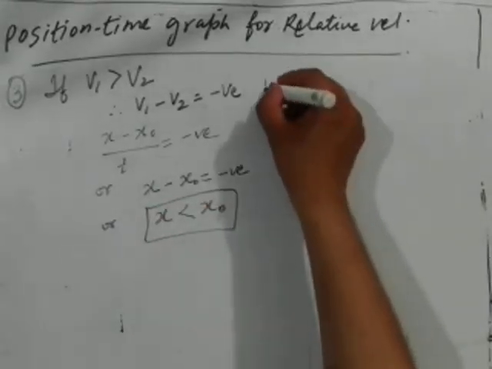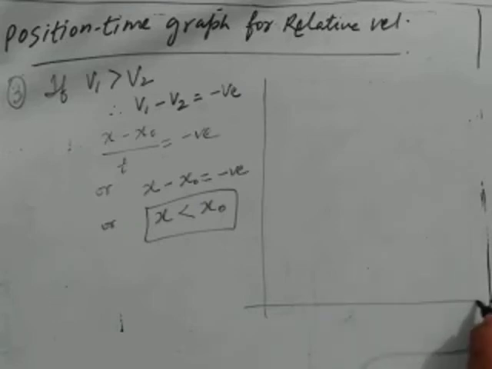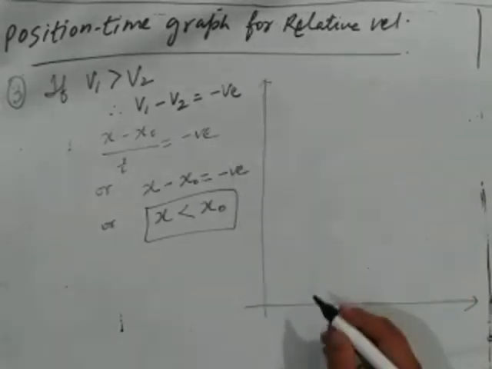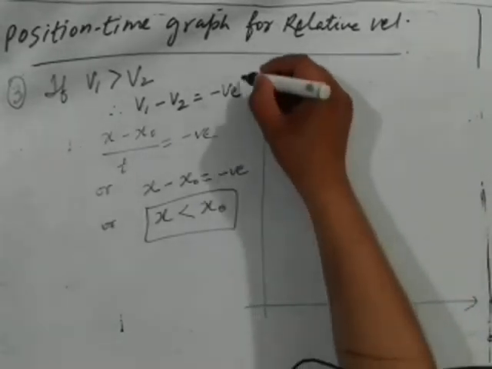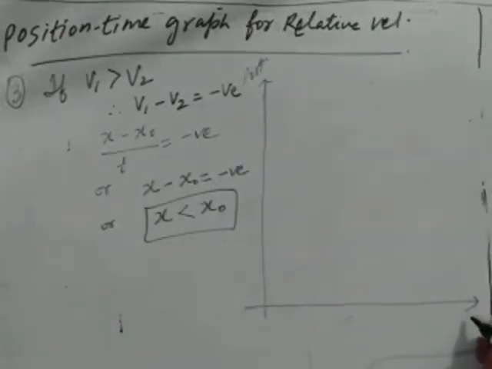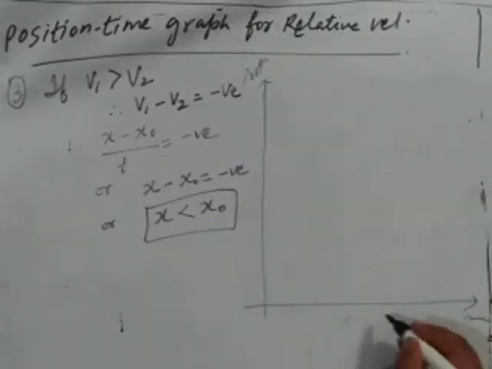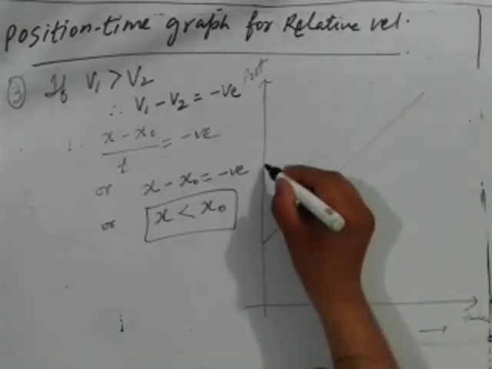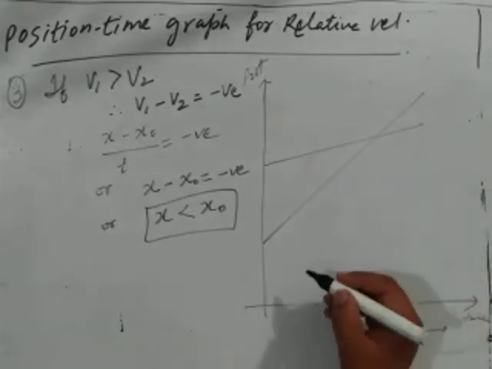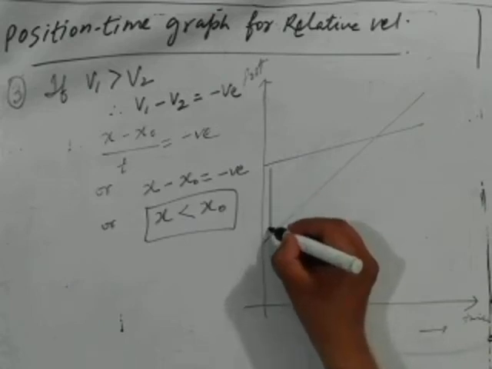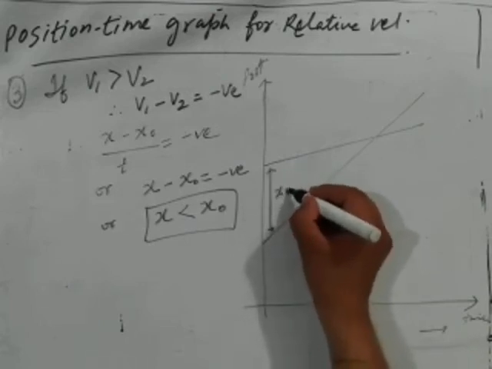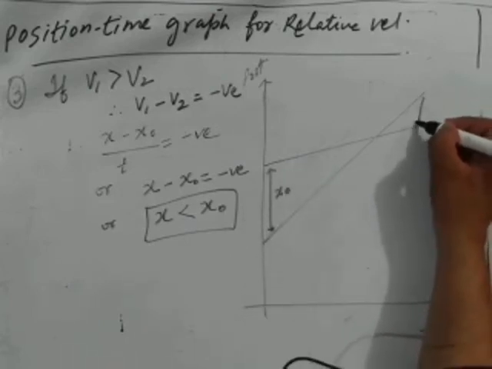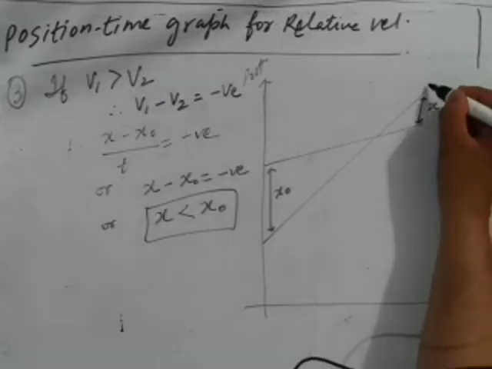So if we plot a graph, it will become like this. This is the initial gap, x naught, and this is the final gap, x.